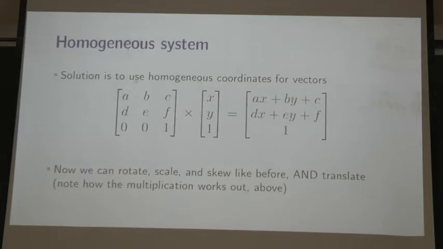And in the second row I'll have D times X plus E times Y plus F times 1, which is F. And so I got the translative component within the same multiplicative framework. I just extended by 1 dimension. So now I can rotate, scale, skew and translate in the same equation just by changing the terms.